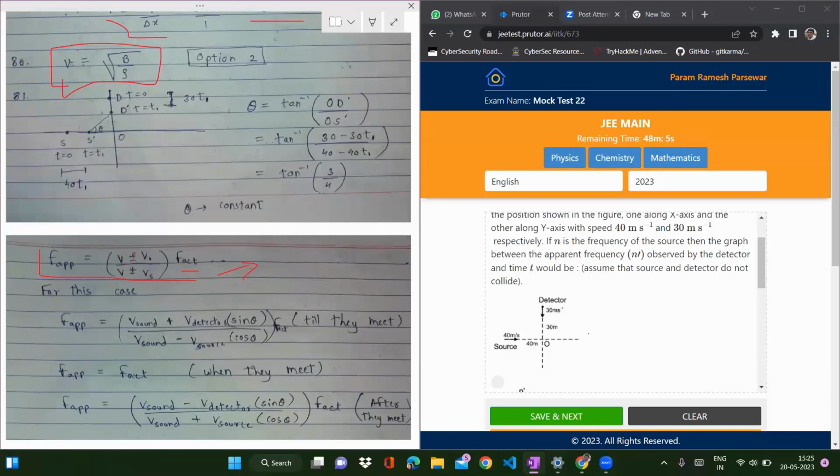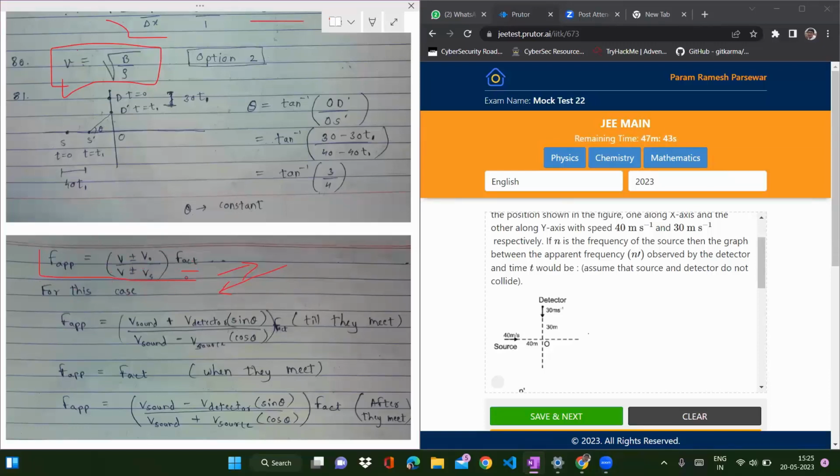In that case we take plus in the numerator, and when the observer is going in the opposite direction, away from the source, then the minus sign is taken because the f apparent will decrease in that case.